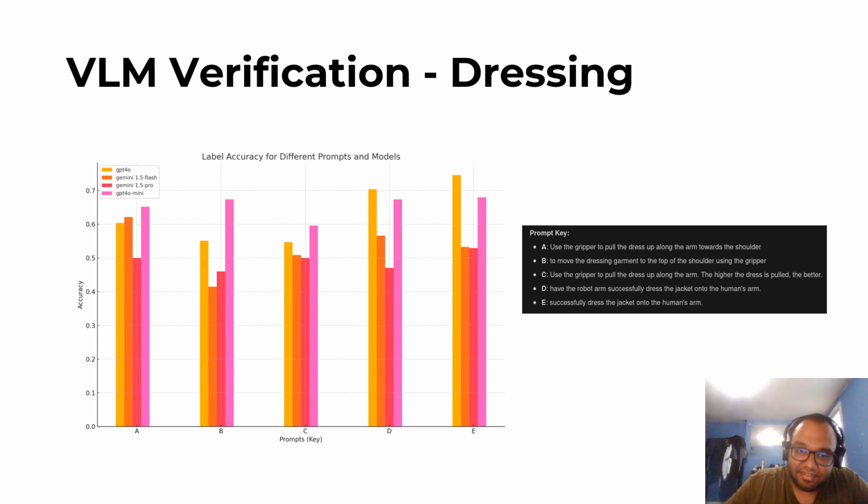So we had a bunch of trajectories, a bunch of videos in which we had a robot attempting to dress a human, and we here ran an ablation study of various VLMs and various prompts to see whether it is still able to identify task progress correctly. So the goal here is to essentially verify whether the person is being dressed by the robot.